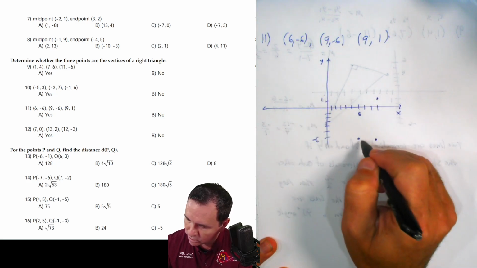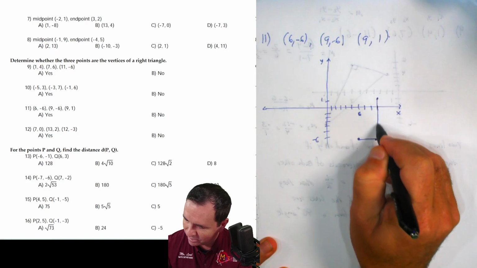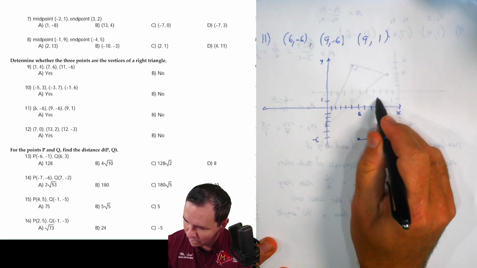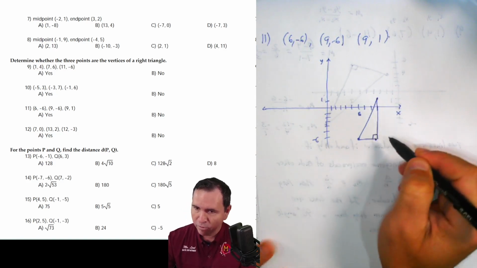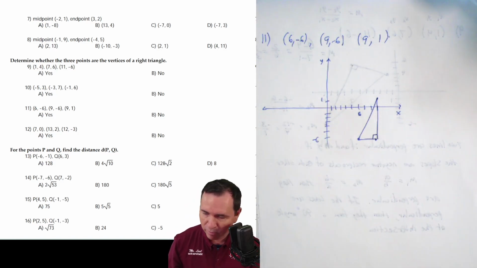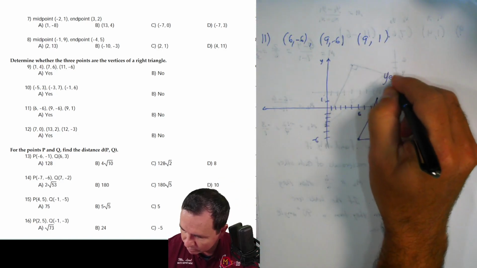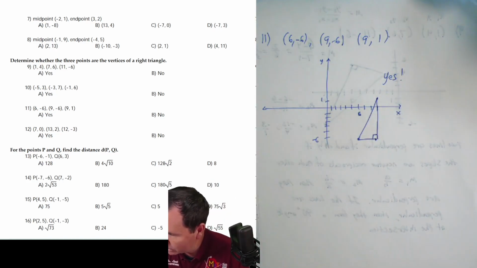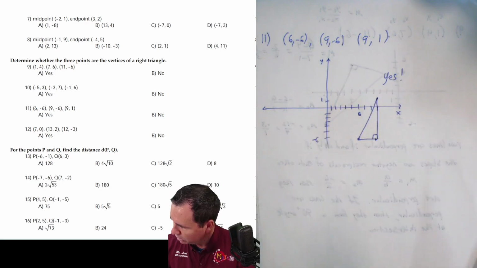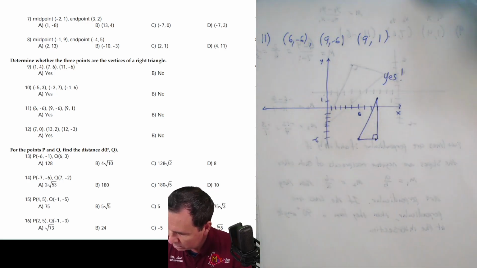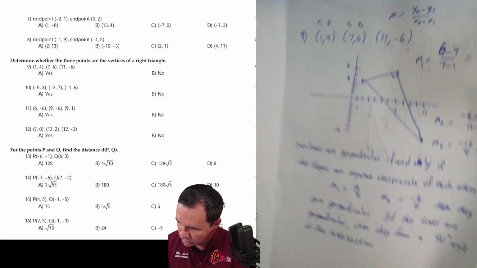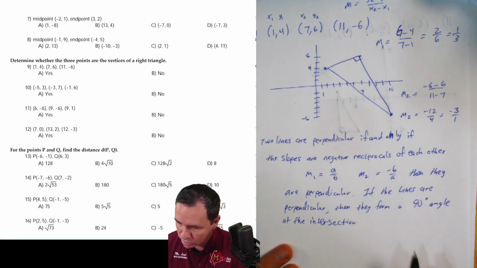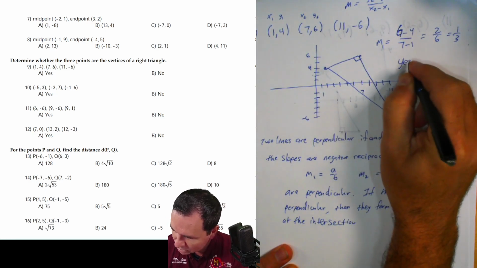Okay, for sure this is going to be a right angle. Look at that. It's a vertical line, for sure. A vertical line and a horizontal line form a right angle, for sure. This is a yes. Okay, and by the way, the other one was also a yes. I don't know if I said it at the end. Did I say the answer yes? Yeah, you were supposed to say yes, right?